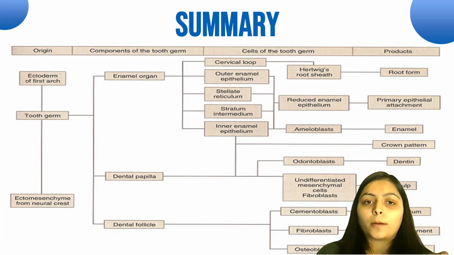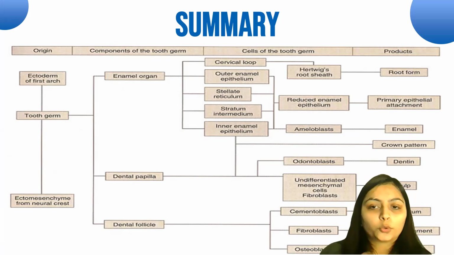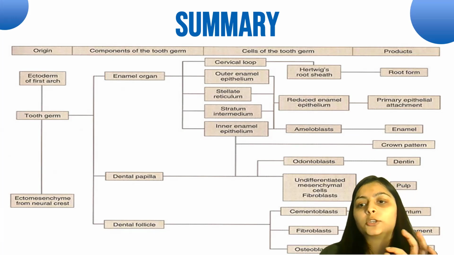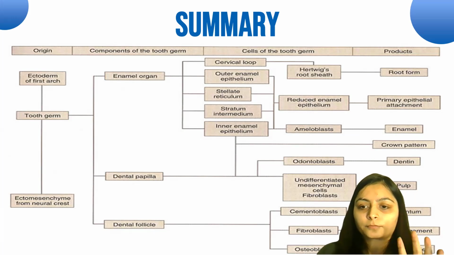The components of the enamel organ ultimately result in Hertwig's root sheath, reduced enamel epithelium, and ameloblasts. Hertwig's epithelial root sheath results in root formation, reduced enamel epithelium results in the primary epithelial attachment, and ameloblasts ultimately result in enamel formation.